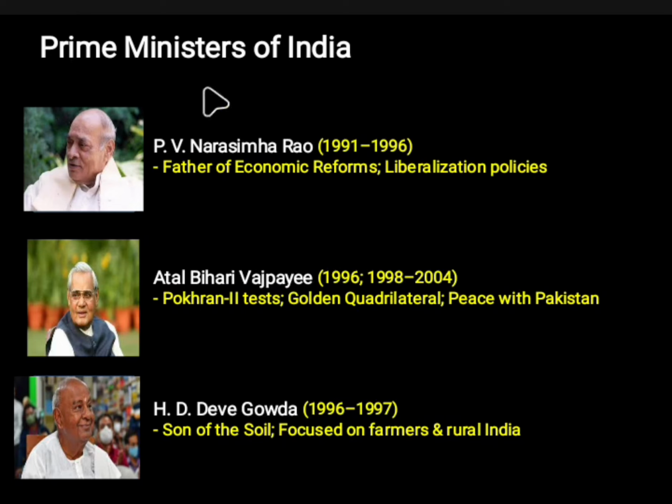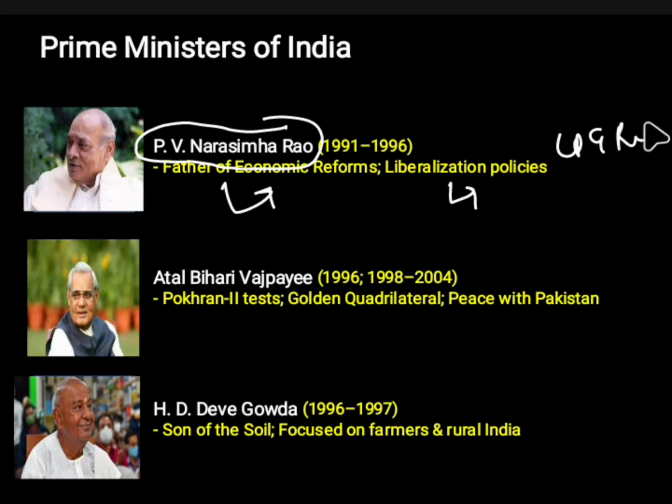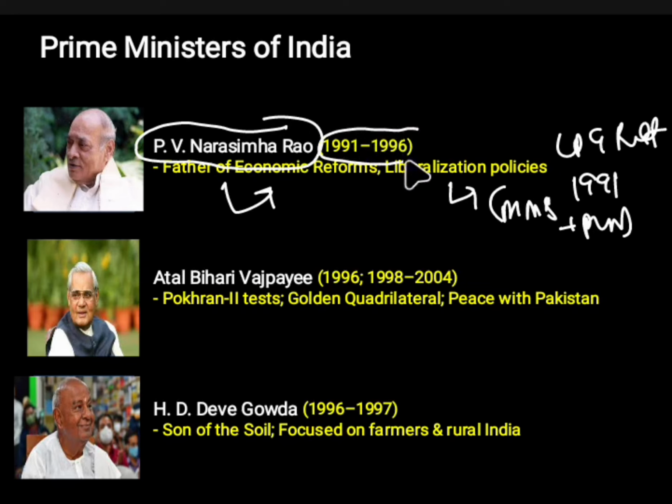So because of that, P.V. Narasimha Rao became the Prime Minister from the INC. He was the father of economic reforms, liberalization policies, LPG reforms introduced in the year 1991 because of the efforts of both Manmohan Singh, then Finance Minister, and P.V. Narasimha Rao, then Prime Minister, who served from 1991 to 1996.